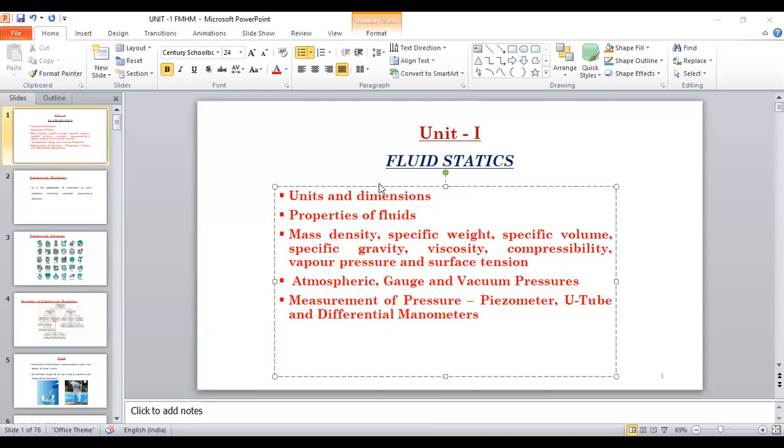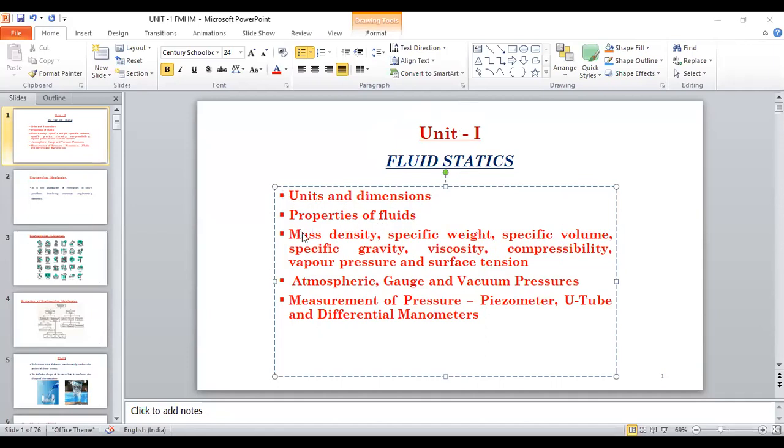So coming to the first unit, these are the topics in the first unit. Fluid statics will be the name of the unit, where we'll study the fluids which are in the static position, nothing but which are at rest. Under this unit, we are going to see all these topics. We will see the units and dimensions for different properties of the fluids.